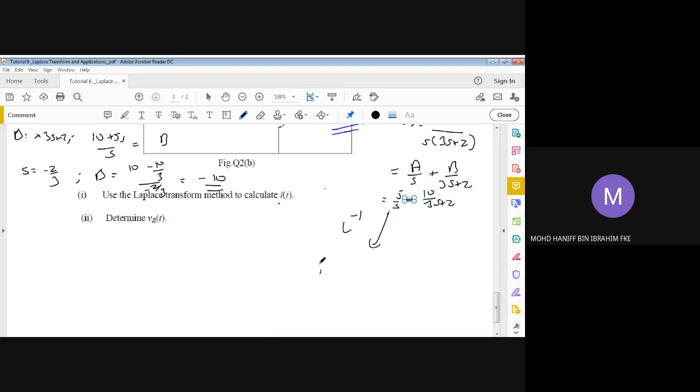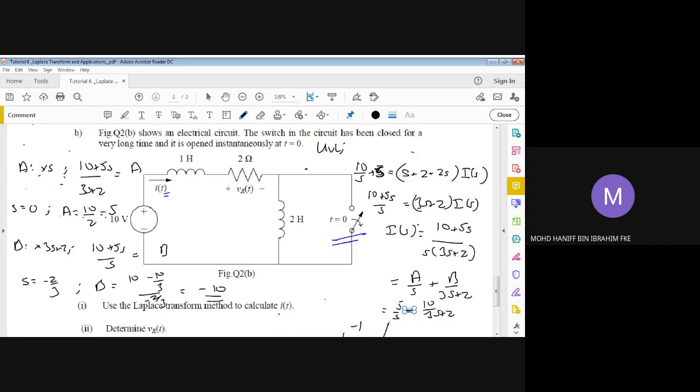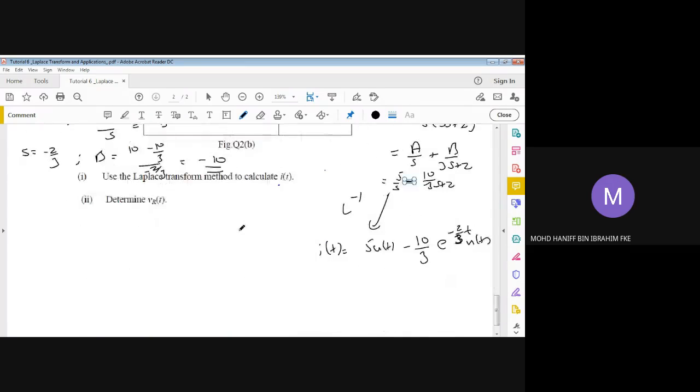We're going to get i(t) equals 5u(t) minus 10 over 3 e^(-2/3 t) u(t). So that should be your i(t), the inverse of Laplace transform for the current just now. So that should be the current in your circuit, in the loop.